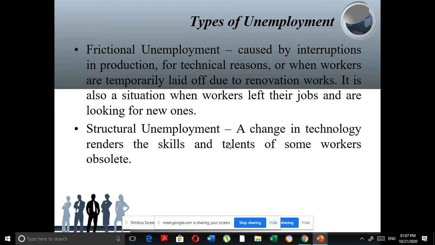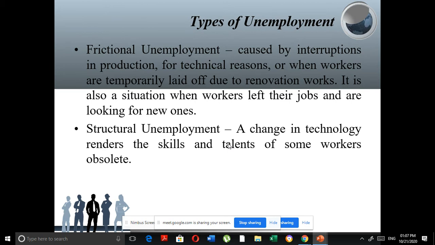But cyclical unemployment occurs when the level of economic activity declines, during recession time or even depression time. So this is, you can say, the worst unemployment ever. If you hear about frictional and structural unemployment, you can say that it is normal for the economy. The economy has to have frictional and structural unemployment.